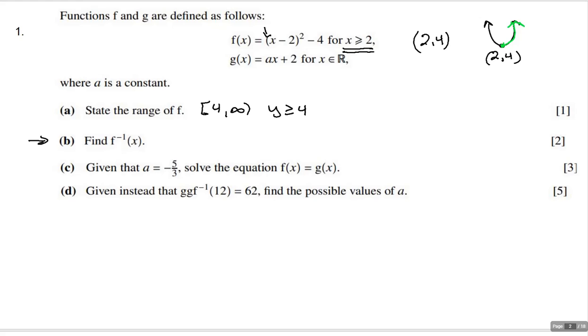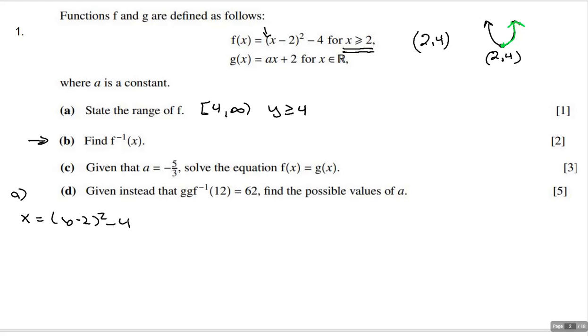Now, while I'm writing this, I want to make sure that we make a note. I'm going to switch these. X equals y minus 2 squared minus 4. Okay, so number one, if you ever have to find the inverse of a quadratic trinomial, it needs to be in vertex form.